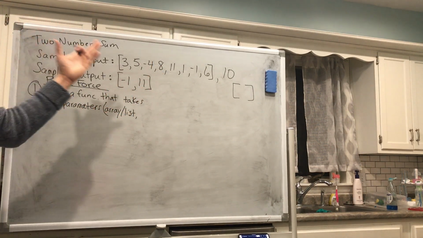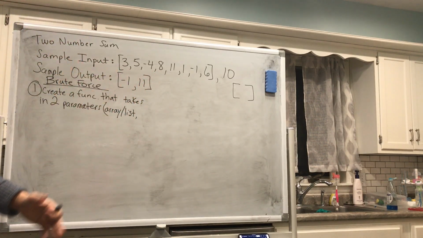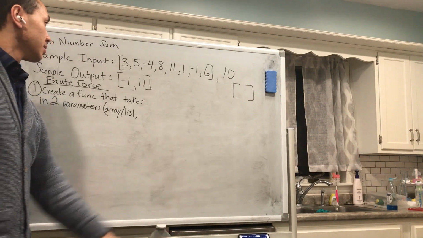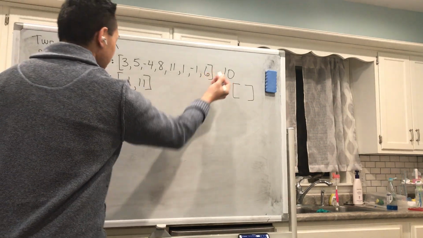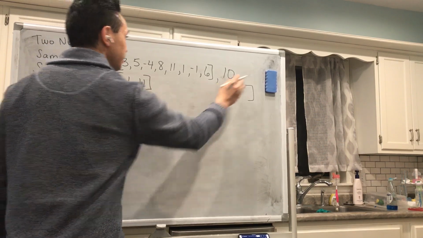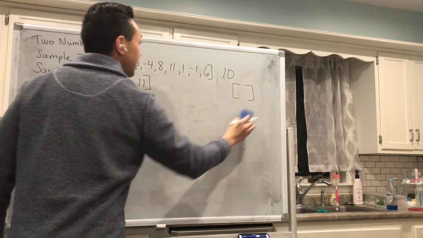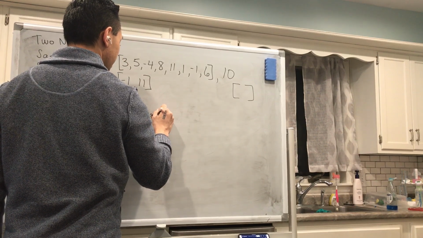So they can't be floating point numbers. They can be negative though. And then the second parameter we're going to take in is a target sum, right? And that is going to have a data type of integer.